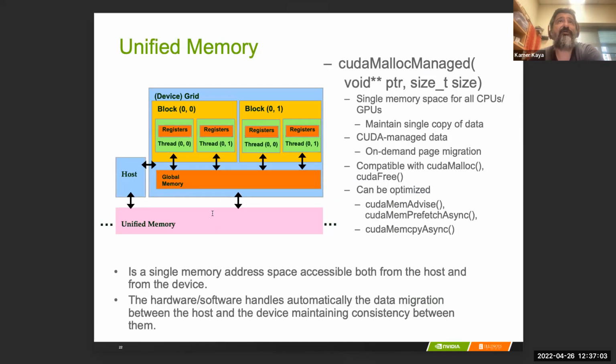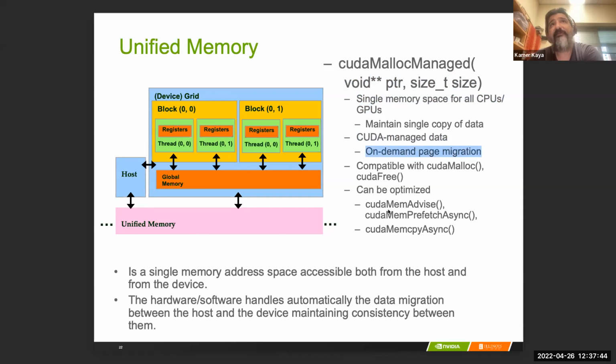We can have a unified memory A somewhere, and whenever we access it through the GPU, we can make the updates on the GPU and write it back to the host. We can also do the same from the host, so that can be managed automatically. If you use cudaMallocManaged instead of cudaMalloc, the parameter setting is the same: the address of the location that will be given to you, and the number of bytes. It's a single memory space for all CPUs and GPUs, maintaining a single copy of the data, CUDA managed data. This is on-demand page migration.